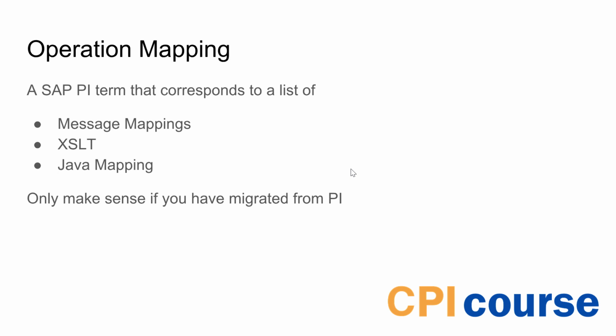There's operation mapping, which is, I guess, a term mostly coming from the PI system. In the PI system, you needed to create an operation mapping, and then you could assign all the different components for that one.